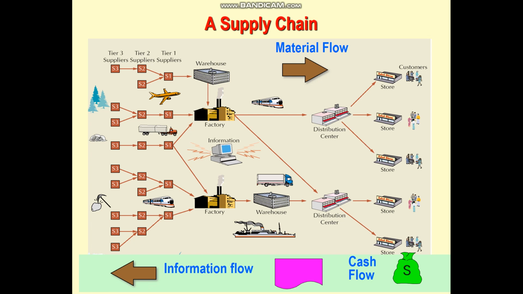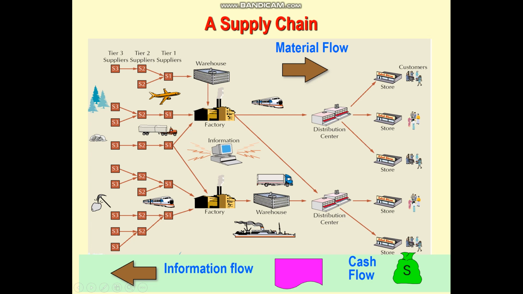So what is a supply chain? A supply chain consists of the series of activities and organizations that materials move through on their journeys from initial suppliers to their final customer.